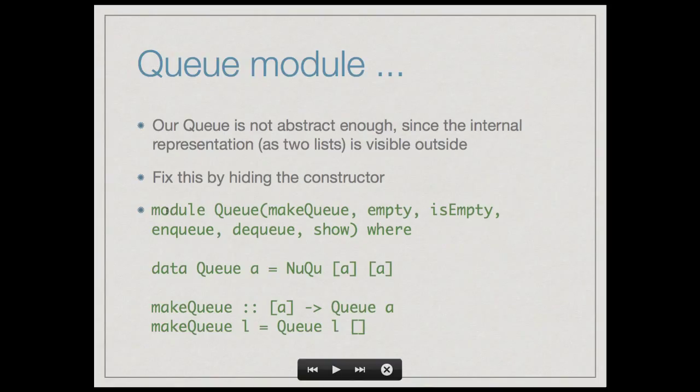The new declaration is as follows: module Q, make Q, empty, isEmpty, enqueue, dequeue, show, etc. where data Q A is as before, new Q list A, and we have a new function make Q which takes a list of objects of type A and returns a Q A. Make Q of L is nothing but new Q L empty list.